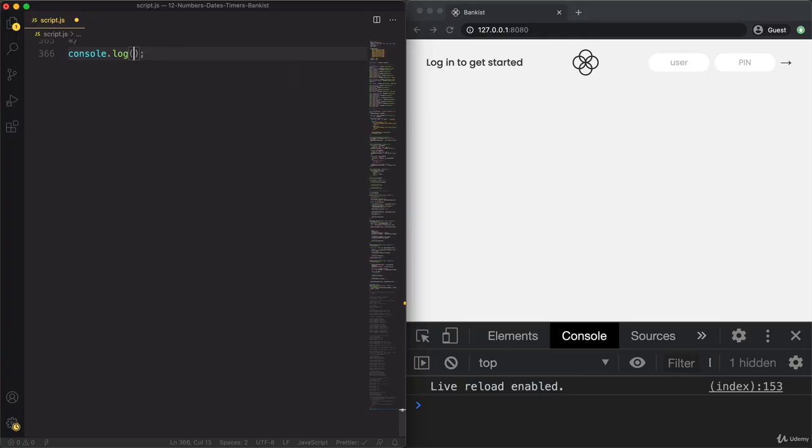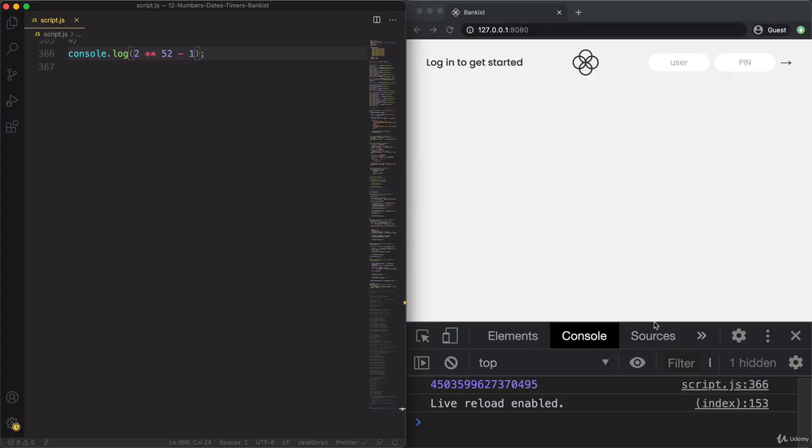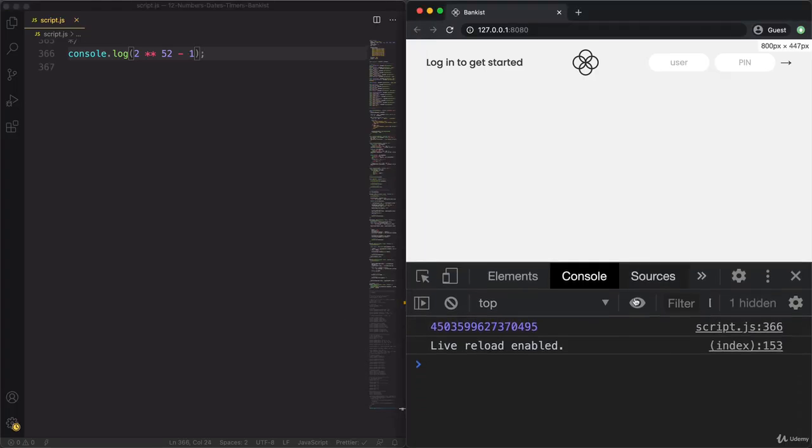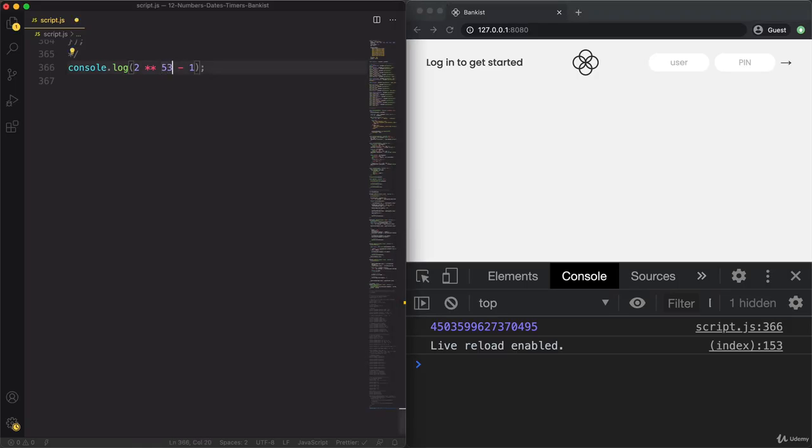So that's 2 elevated to 53, and then minus 1 because the numbers start at 0. And so that is this gigantic number right here. And so this is essentially the biggest number that JavaScript can safely represent. Okay? Or actually it's 53.